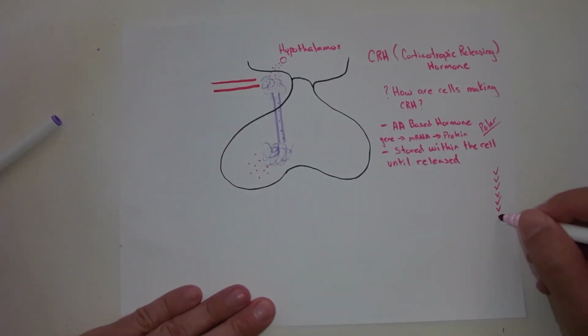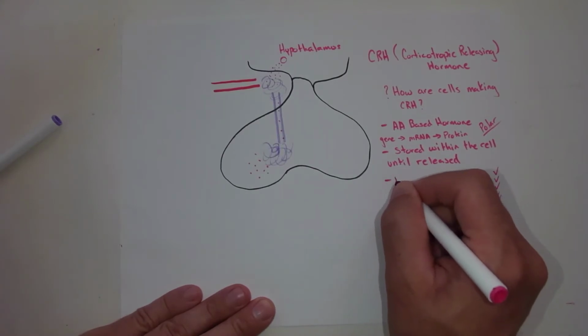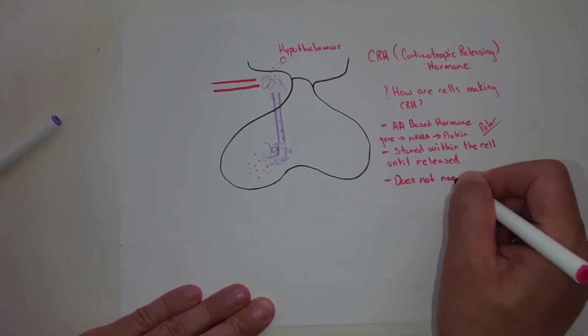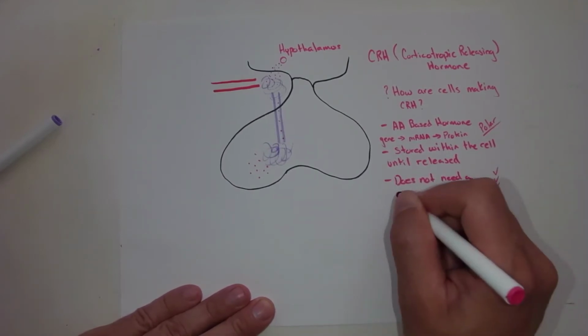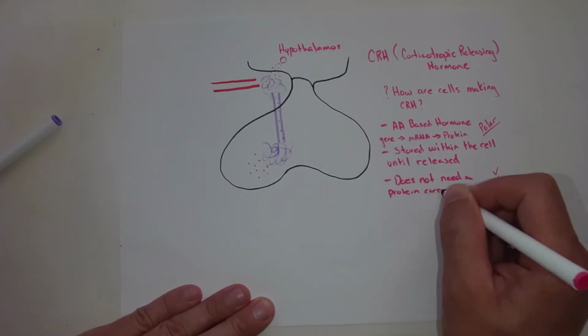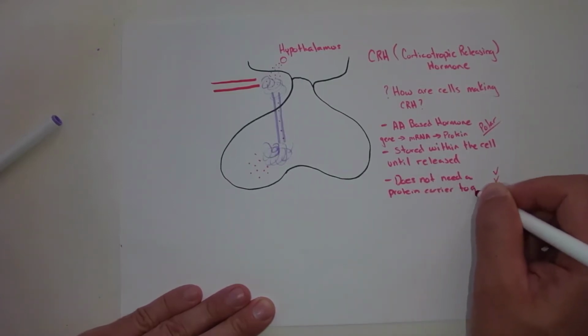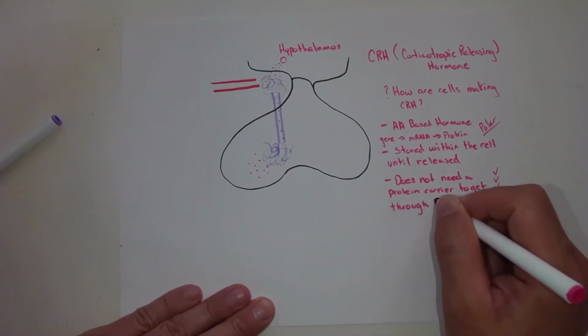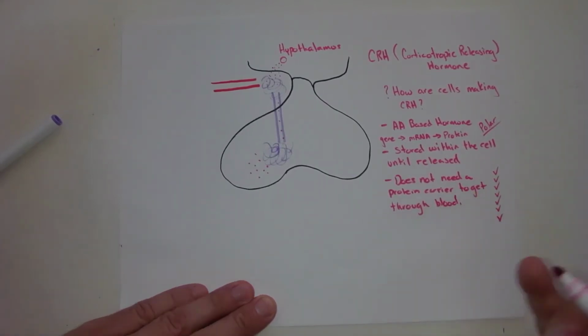So I know the organ that it affects and that it does not need a protein carrier to get through the blood, or be moved by the blood.